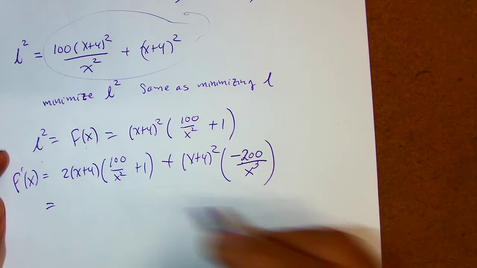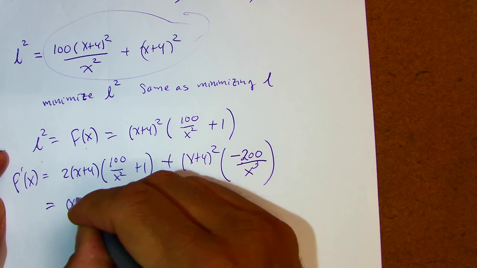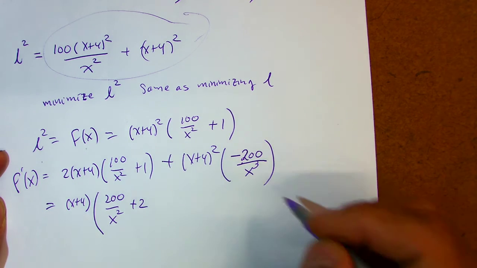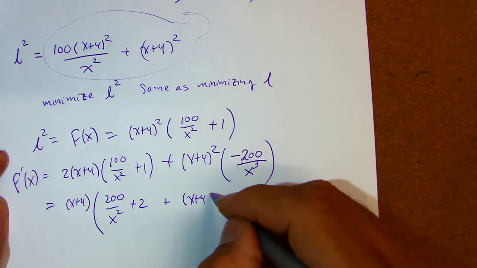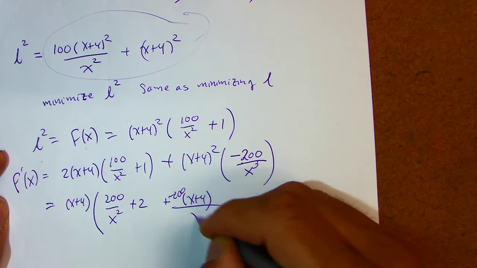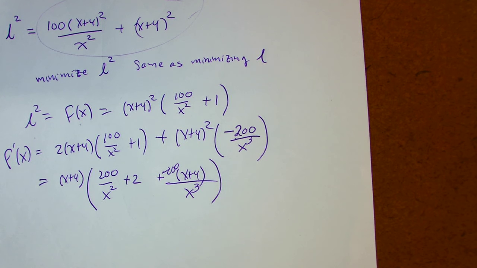So that means that here we'll have x cubed. All right, so far we have that as our derivative.